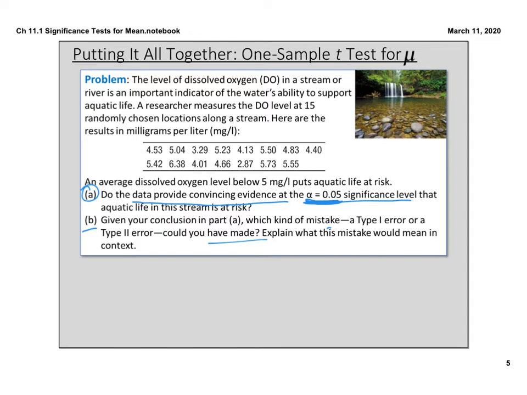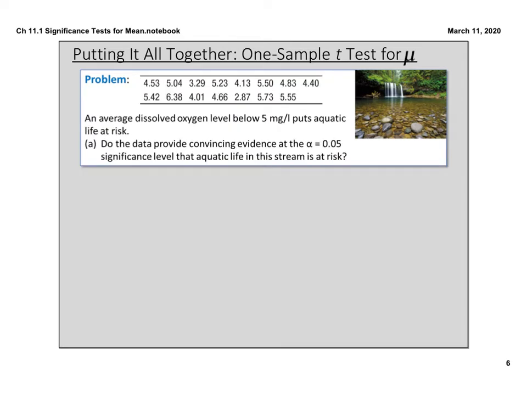The good news is the type 1 error and the type 2 error are the same. We talked about these when we did significance tests for proportions. Now we're doing significance tests for means, but the errors stay the same. All right, here we go. We're going to start with state.